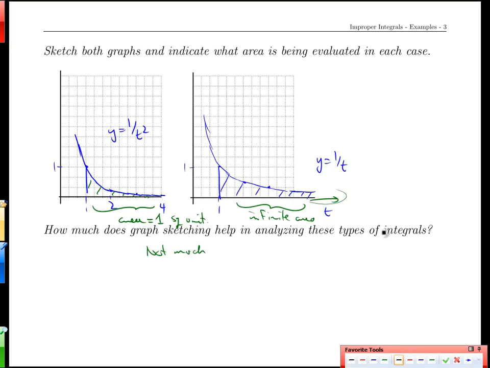That being said, we should make one comment, which is, if the graph didn't go down towards 0, like if it kind of went up and bounced around, then it's very clear in these scenarios that this would be infinite area.